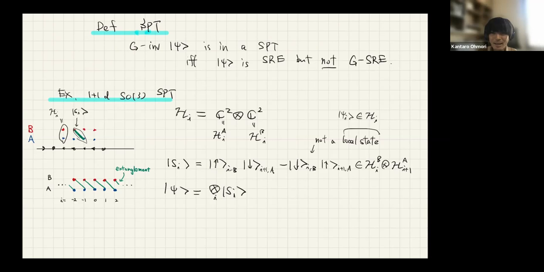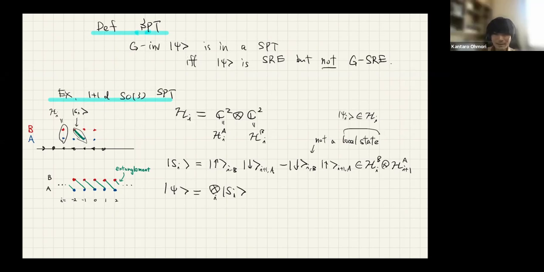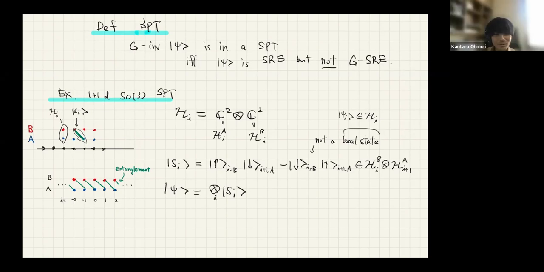Rather, I just say in words that the entanglement structure of this state is short range, and that's what the definition wants to mean. Yeah, that's a bit non-trivial. Okay, thank you. So by picture, it's short range entangled.